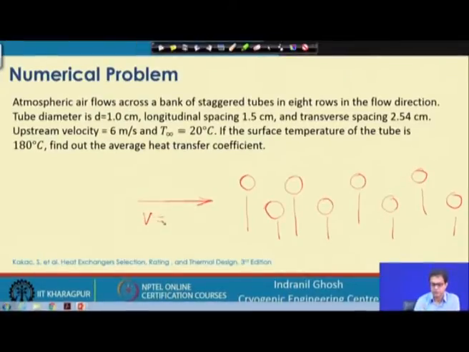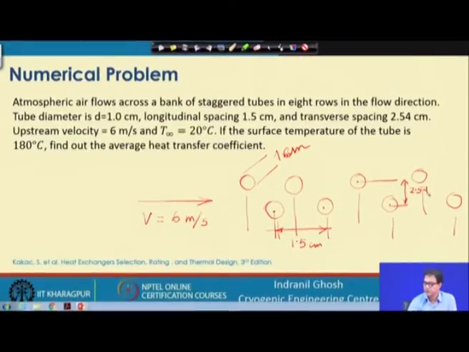This velocity v is 6 meter per second. The diameter of the tube is already specified, its diameter is 1 centimeter, and the longitudinal spacing, that means the center to center distance, is 1.5 centimeter. We have the transverse spacing, that is this to this, which is 2.54.